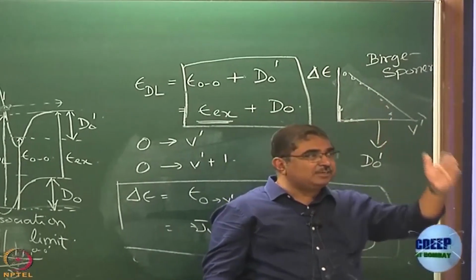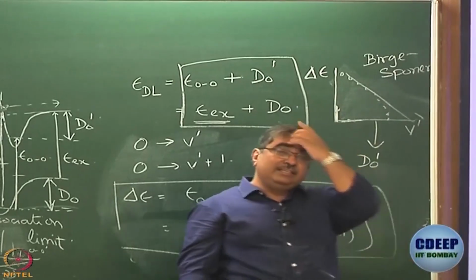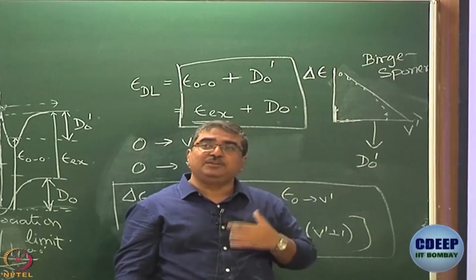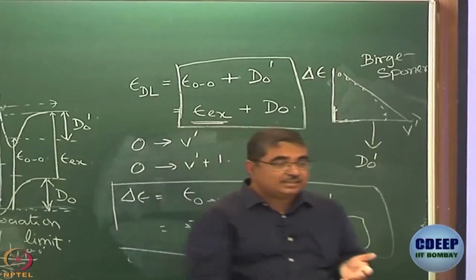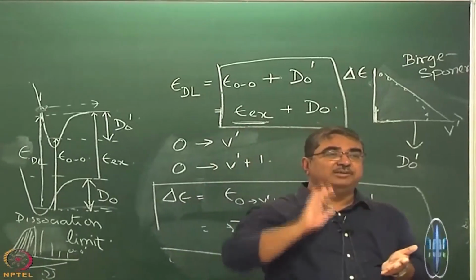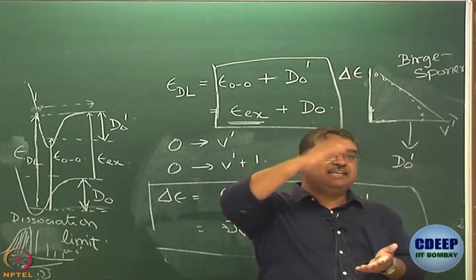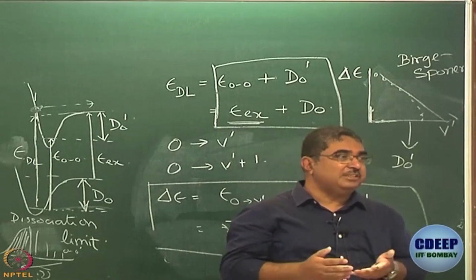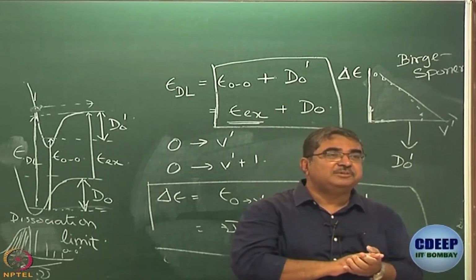Neither is this Birge-Sponer linear extrapolation absolutely accurate, nor is the expression of D0 that you would get from the anharmonic oscillator. Do not forget, for the anharmonic oscillator you get to interrogate only V equal to 0, V equal to 1, V equal to 2, nothing beyond that. So, these higher terms actually contribute to D0. Will you agree with me if I say that the higher terms actually contribute to D0?